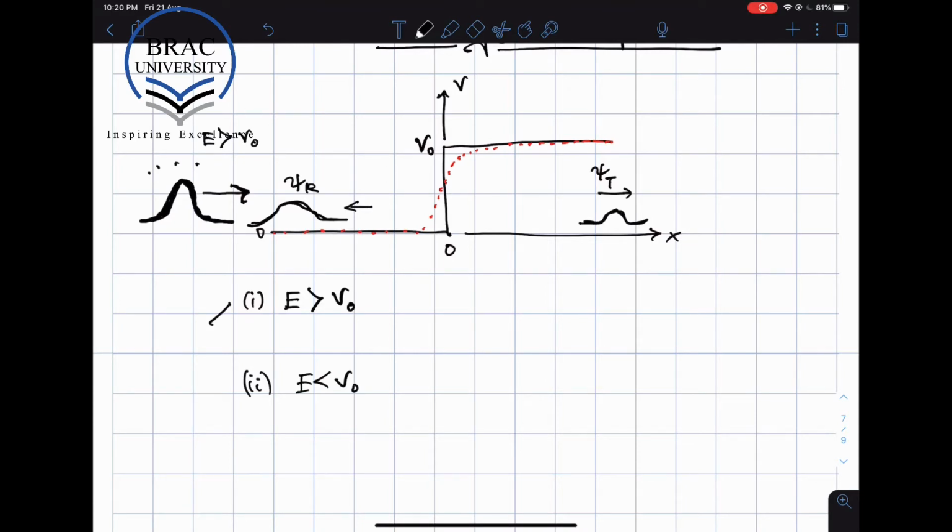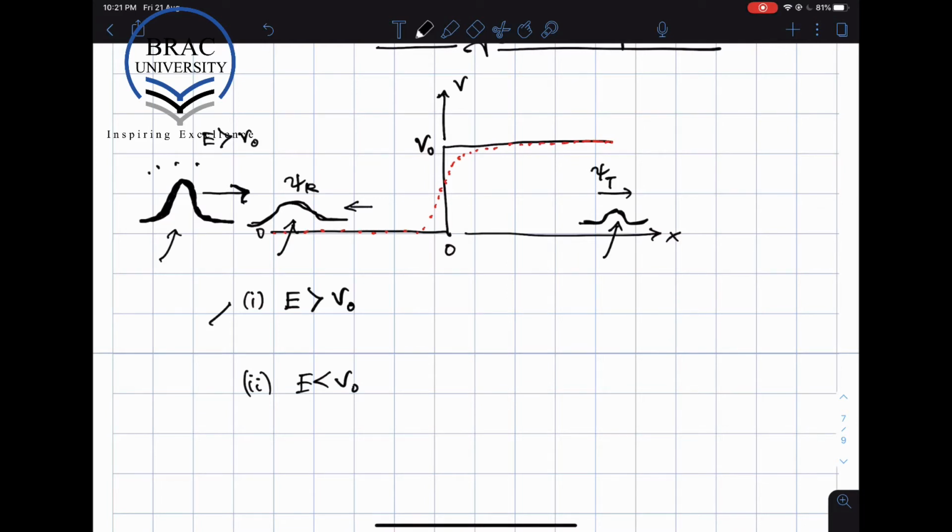Because the normalization of a wave function is independent of time, the integral over the probability density associated with this Gaussian would be equal to 1, and similarly the probability density associated with this one and this one would also be 1.